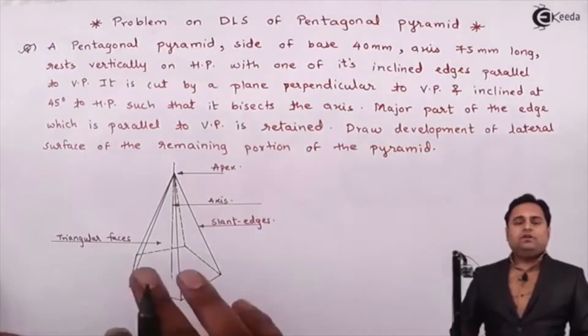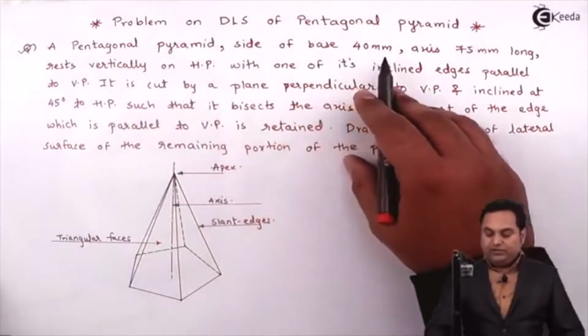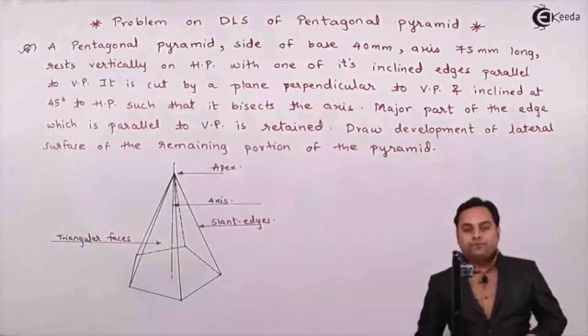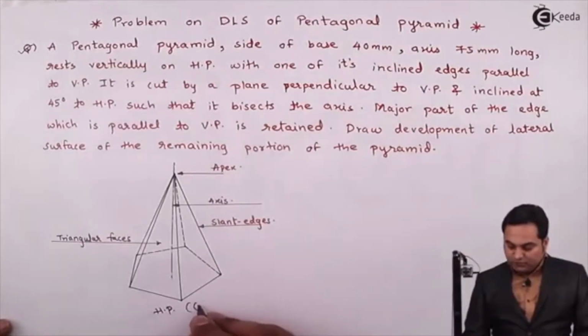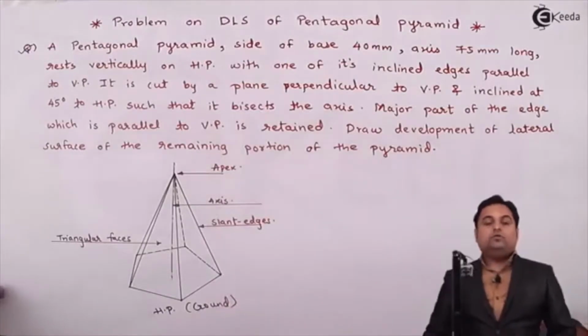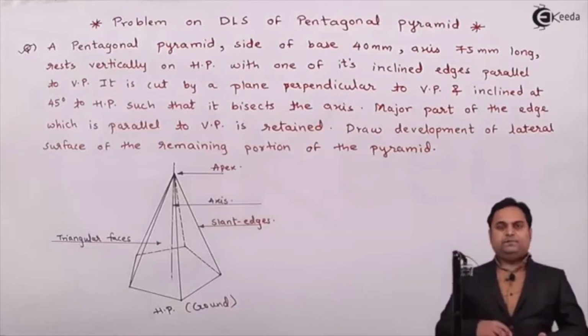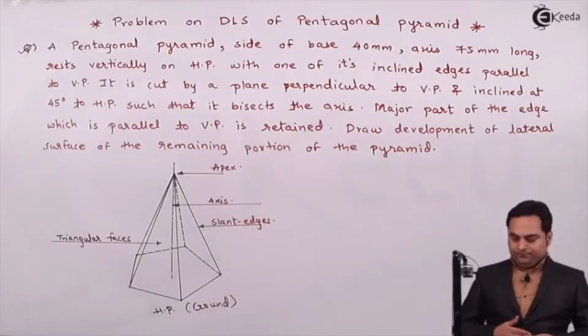And here in the question, it is given that pentagonal pyramid, side of base 40 mm, axis 75 mm long, rests vertically on HP. See, HP can be treated as the ground. So here this pyramid is kept on the ground, and when it is kept, then from the top we are going to see the pentagon.